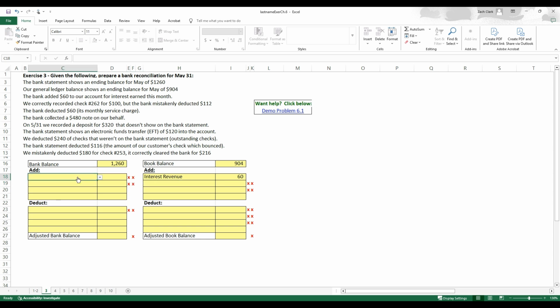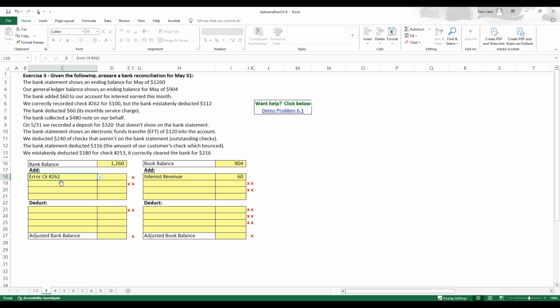Okie doke. Then we've got the next one here. We correctly recorded check number 262 for $100. So the bank mistakenly deducted too much. So the bank is the one with the error here. And so we need to correct this problem.